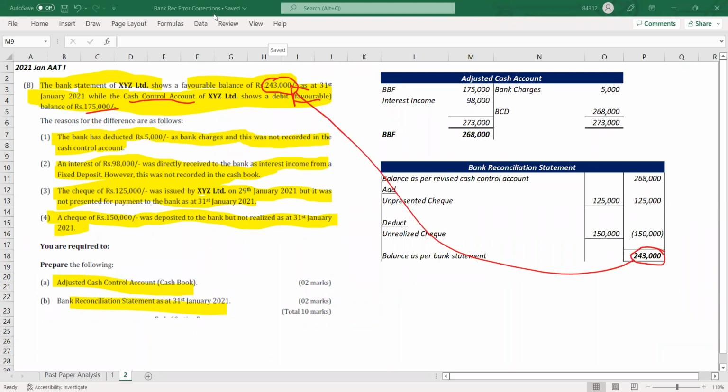Most of the times there will be a difference. Now if you see here, the cash book balance is 268. Bank statement balance is 243. So to show the reason for the difference between these two, that is called reconciliation. That is why we prepare the reconciliation, to show the difference. Okay. Any other doubts?